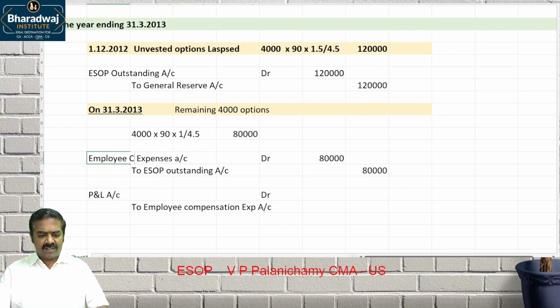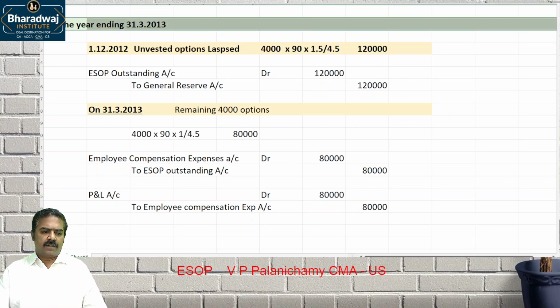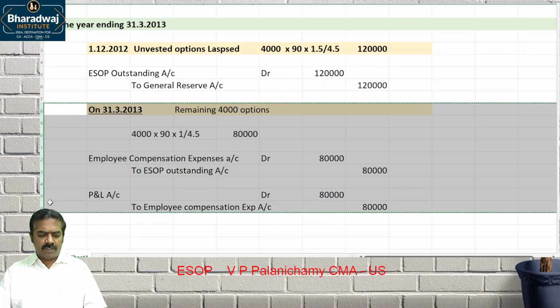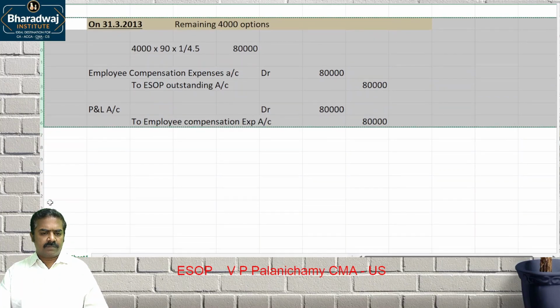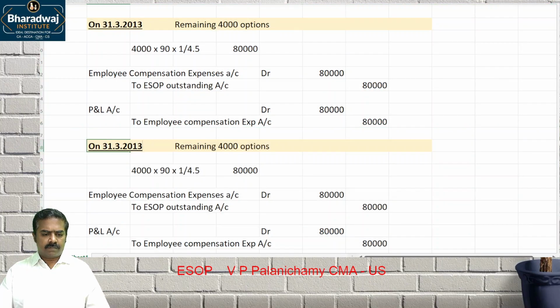Ensure to maintain the same thing. Next. For the year ending which one? 31st March 2014. Yes, 4,000 options are there.